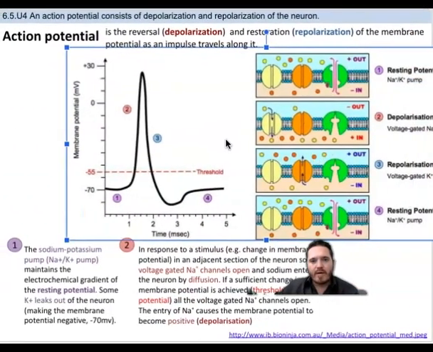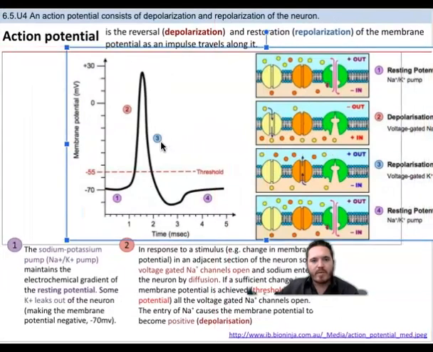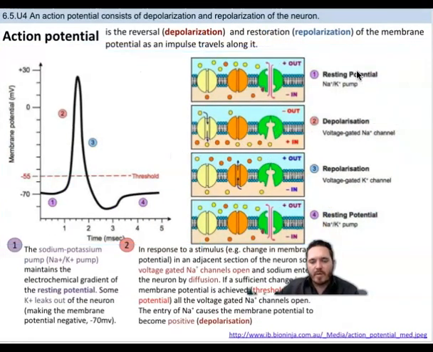Okay, so if we move back over here with action potential, as a review, remember the resting potential is maintained by the sodium-potassium pump at -70. Then depolarization is going to happen if a stimulus is received and the membrane potential goes above the threshold of -55. Then as it gets more and more positive, all the way up to +30, that's when the voltage-gated sodium channels close and the voltage-gated potassium channels open. That's when we're repolarizing and getting more negative.